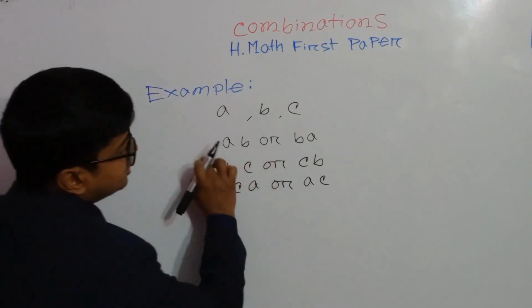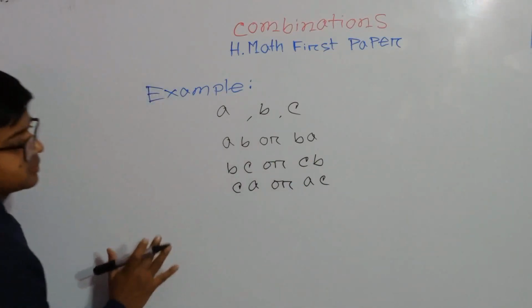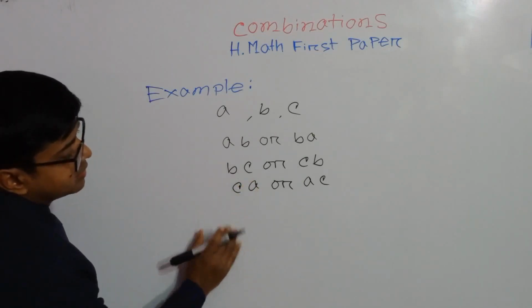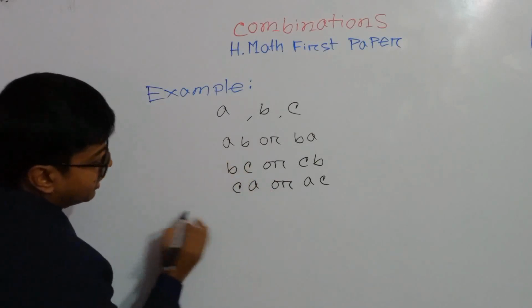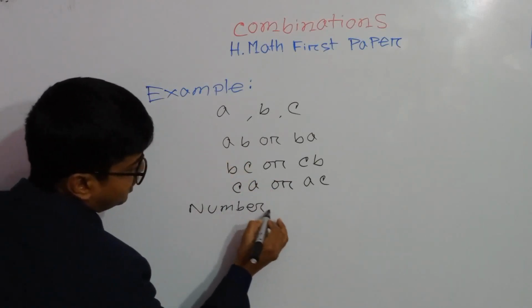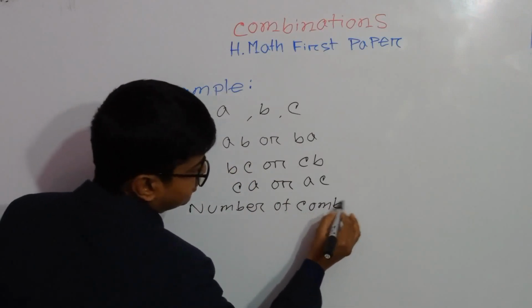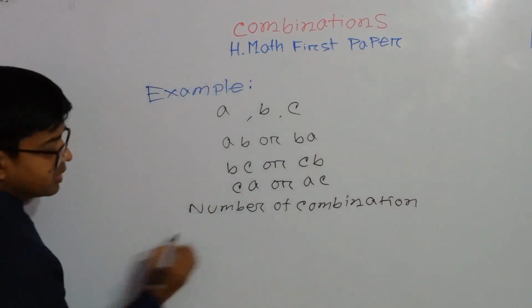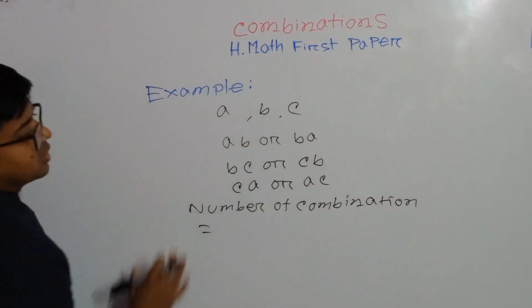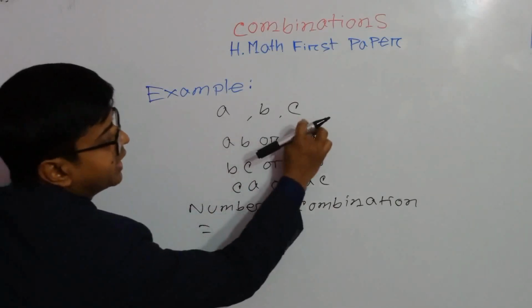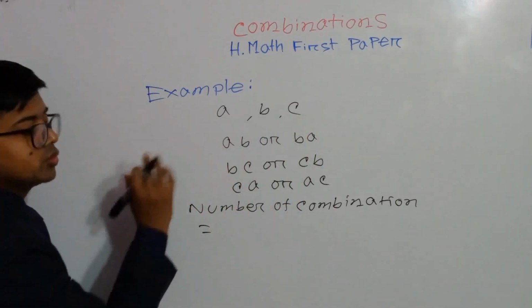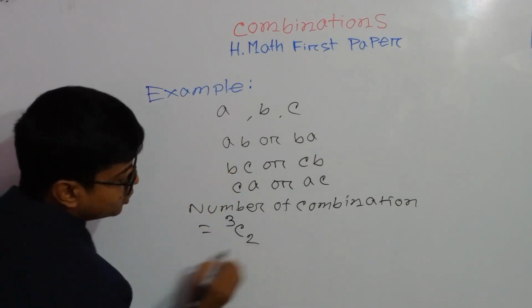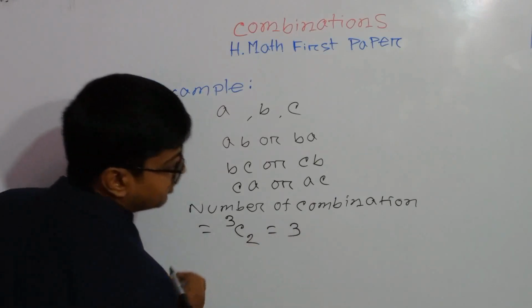So the number of combinations will be 3C2, and our answer will be 3.